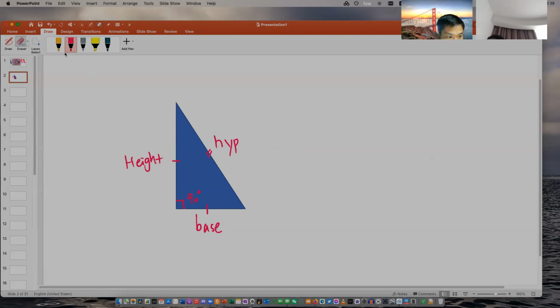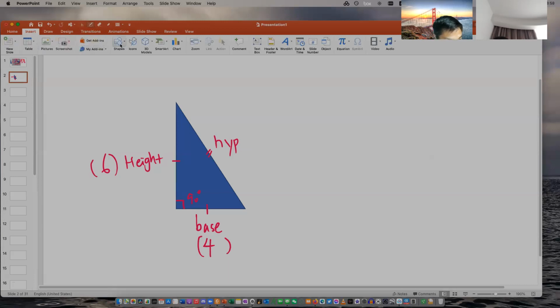Meaning, if the base is 4 and the height is 6, and you use the same dimensions to form another right angle triangle, let's say you form another right angle triangle here.